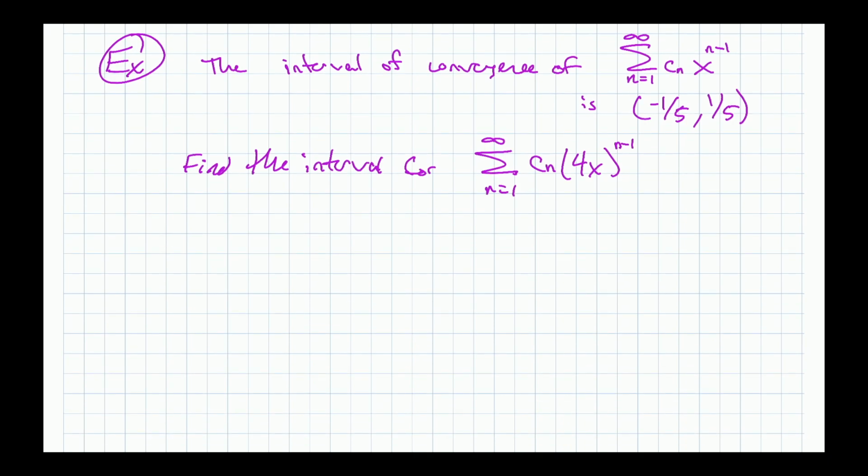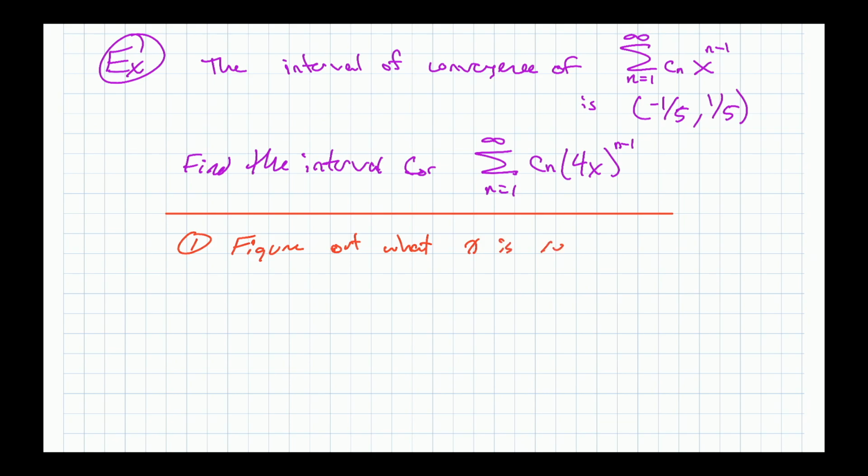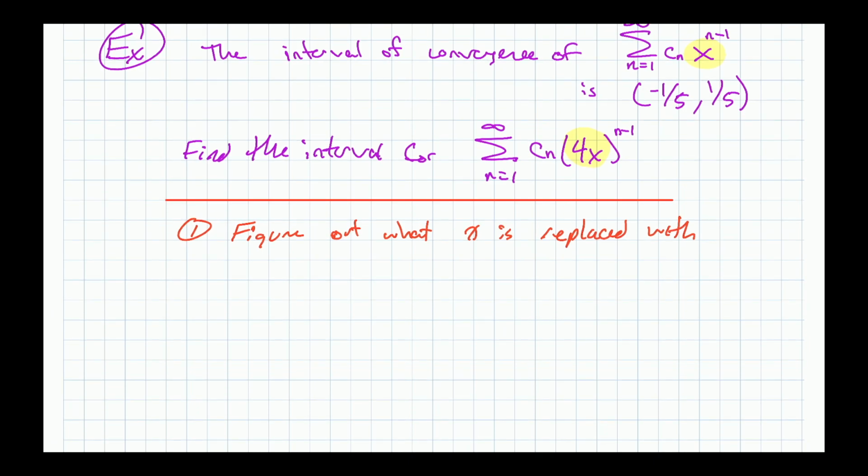So what you're supposed to do is realize what you replace the x with. So figure out what x is replaced with. Here it's an x, and here it's obviously a 4x, right? So it's just x to 4x.